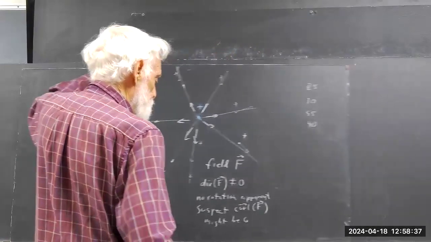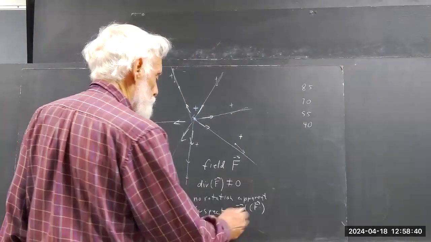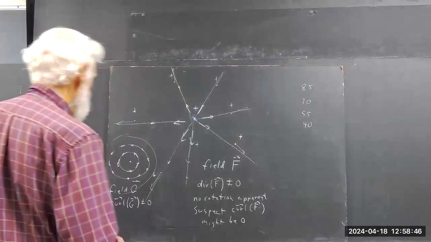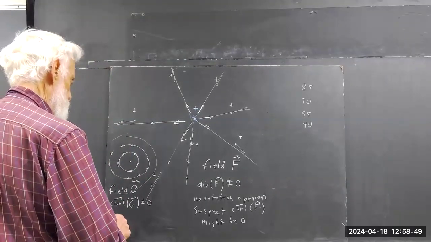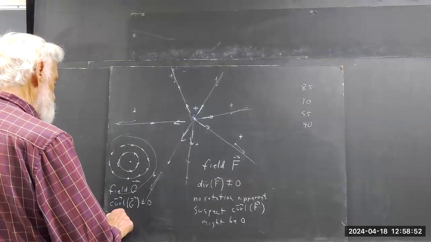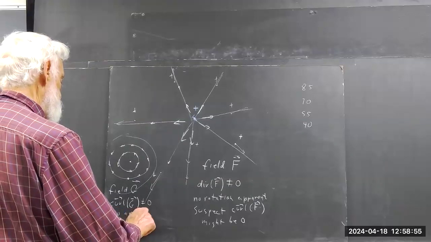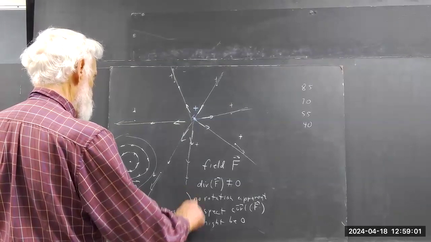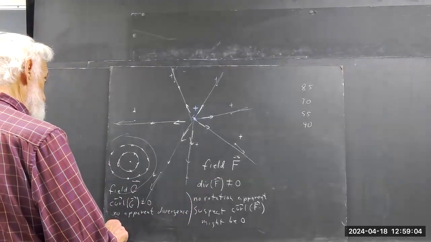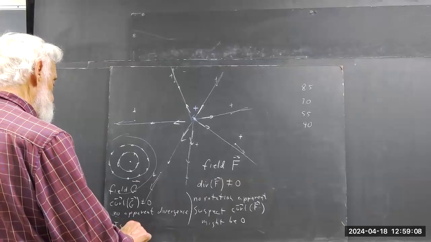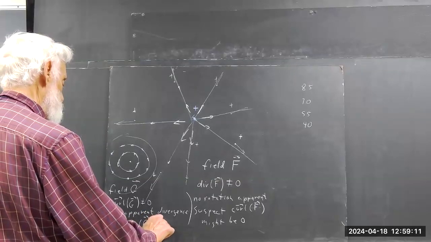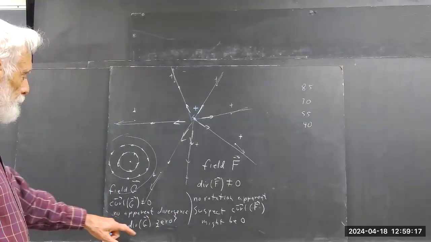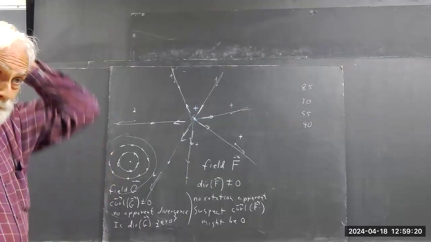So we're going to prove it. So we pose the question, is the divergence of G zero?